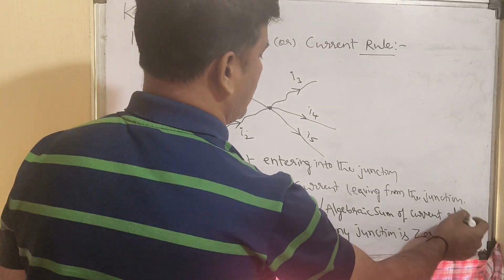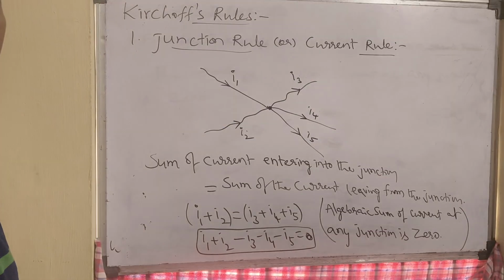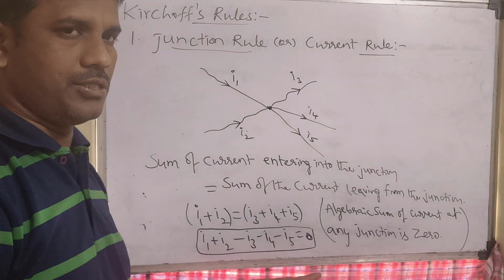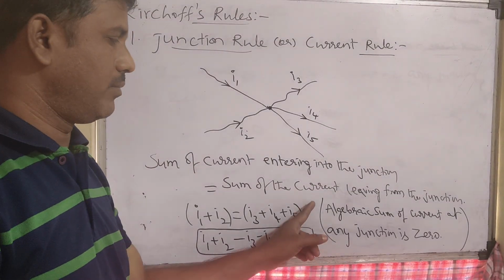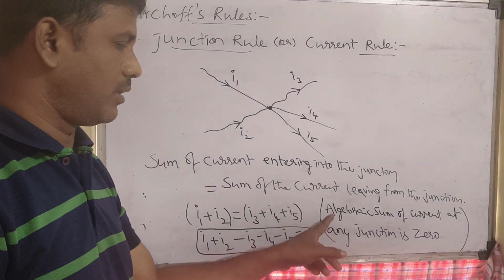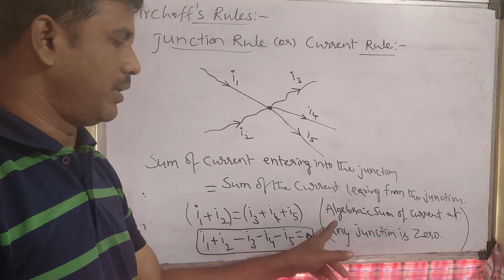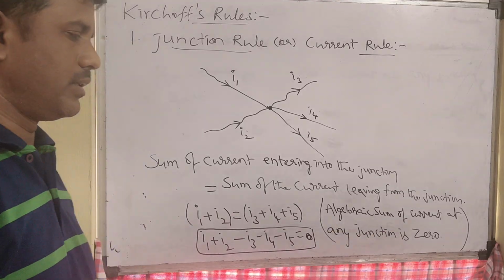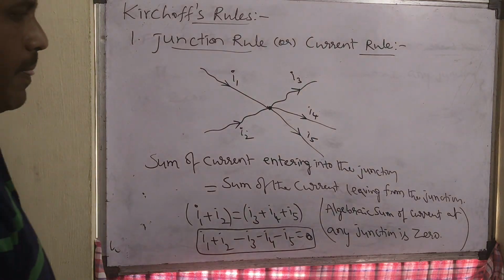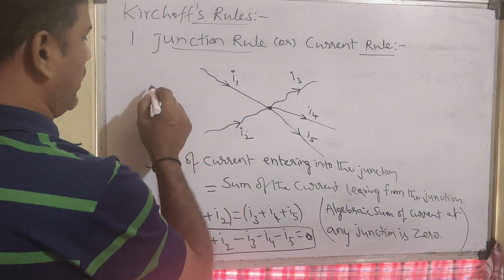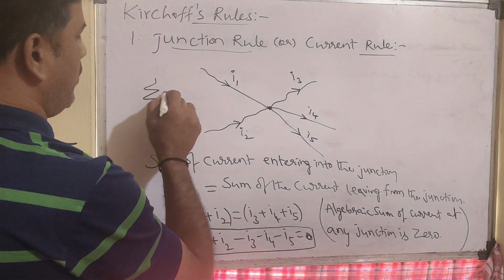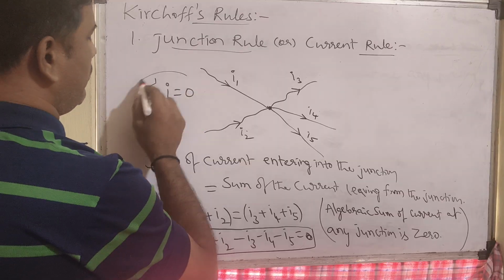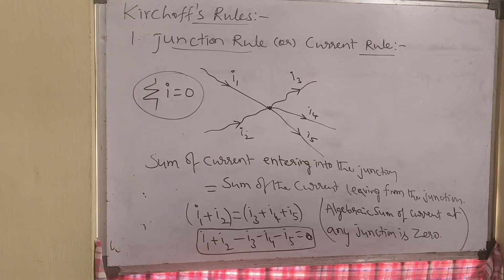In the exam, write any one definition, this one or the other. It is simple: the algebraic sum of current at any junction is 0. This is the equation, also simply written as summation of I equals 0.